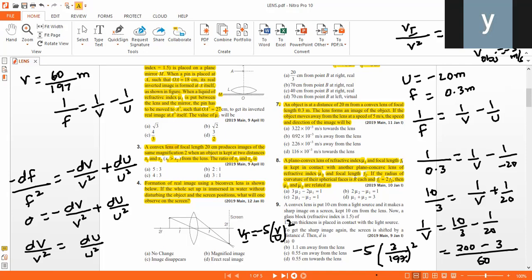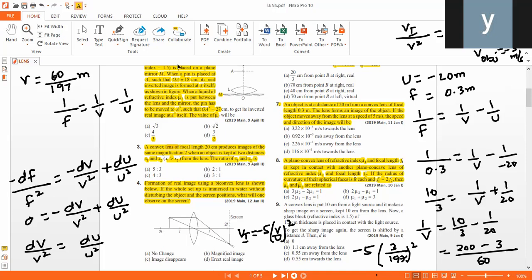Okay. Fine. 3 by 197, that is 0.015. 0.015 square is 0.000225.